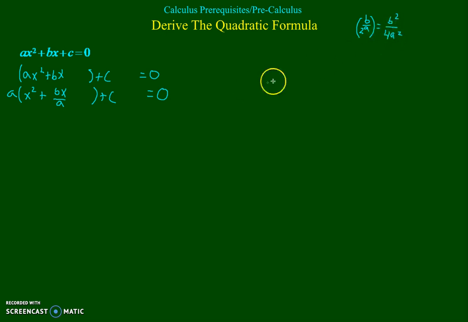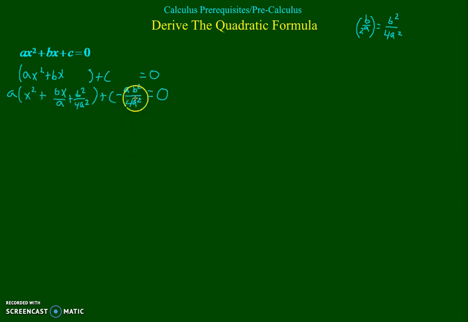So this is our third term, plus b squared over 4a squared. Since we added this, we have to subtract it, but remember, we're multiplying everything inside here by an a. So this subtraction out here is going to be a times this piece, so it's a times b squared over 4a squared.